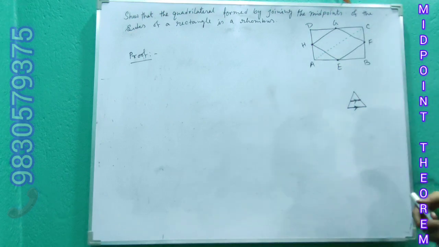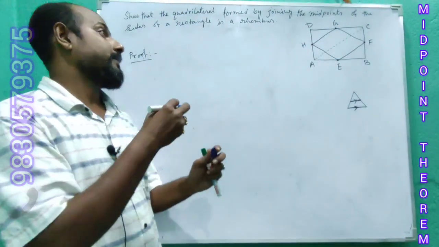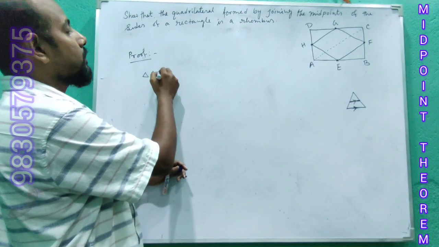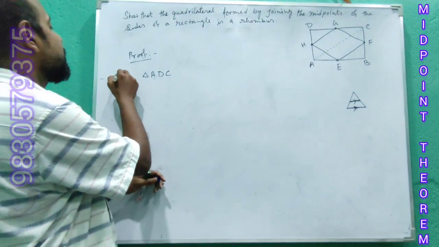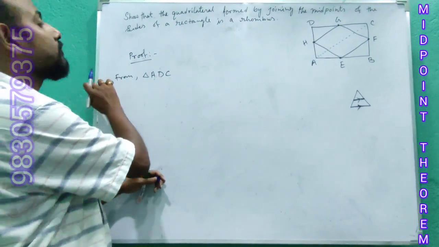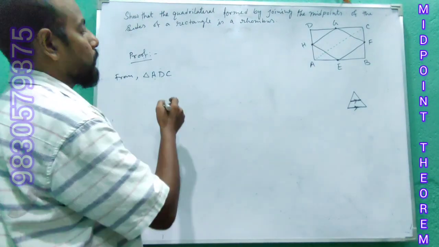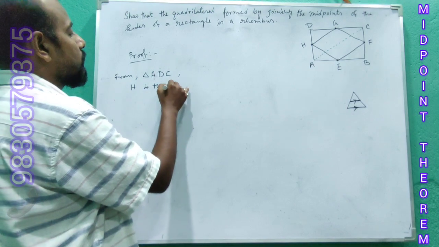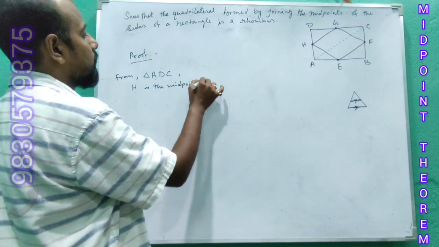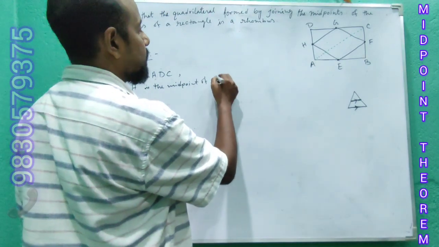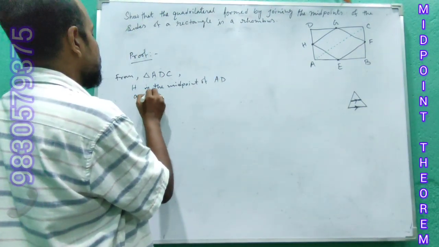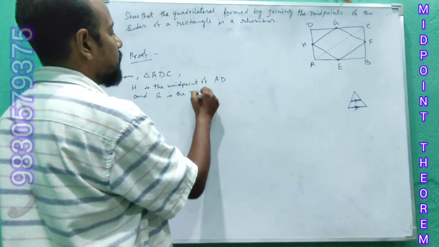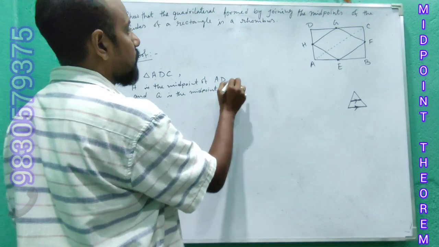Now from triangle ADC, H is the midpoint of AD and G is the midpoint of CD.